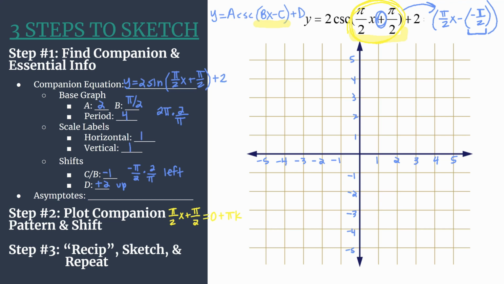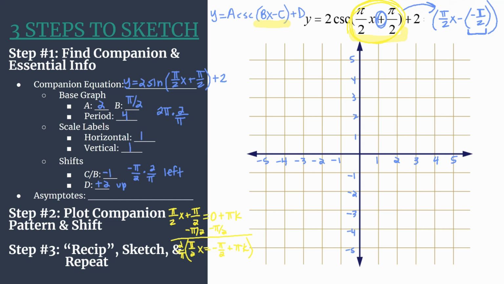Now we just need to solve for x, and this will be our asymptotes equation. Subtract pi over 2 from both sides, and pi over 2 is only going to be combining with that 0. It's not like terms with pi k. So now we have pi over 2 x on the left equals negative pi over 2 plus pi k. Then we're going to divide both sides by pi over 2, or if you want to, just multiply every term by 2 over pi.